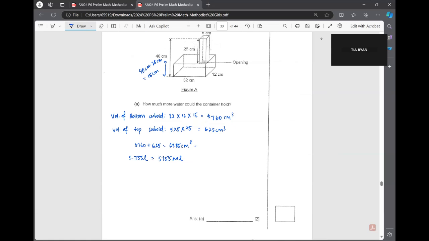I take the total volume, 6,385 ml, and subtract whatever is inside. I'll get an answer of 630 ml, which I can then translate to 0.63 liters. And that is my answer to this question.